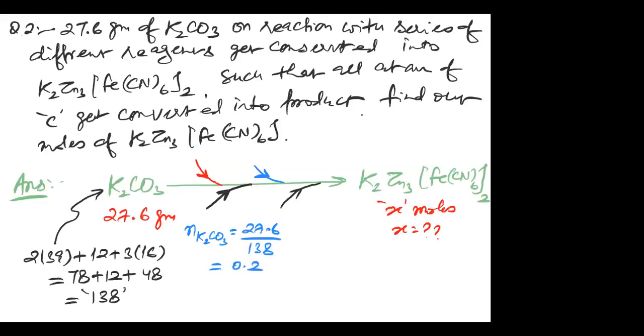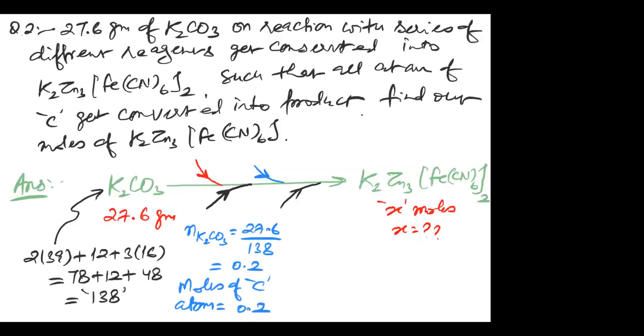And whatever moles we have for K2CO3, we should have the same moles of carbon also, as per molecule we have one atom. So moles of carbon atom should also be 0.2.